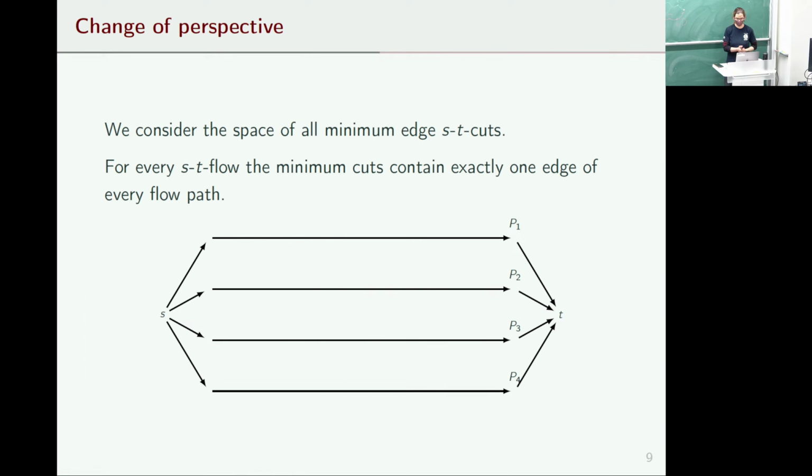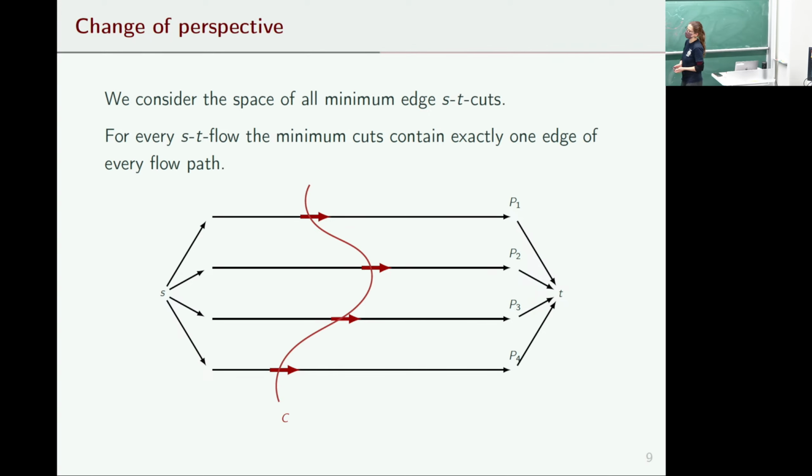And now we have this space of minimal cuts. And for every flow, the cut has to contain an edge from every path in the flow. So it boils down to this: we have this whole domain of edges lying in a path, and one of them I have to contain in my solution.